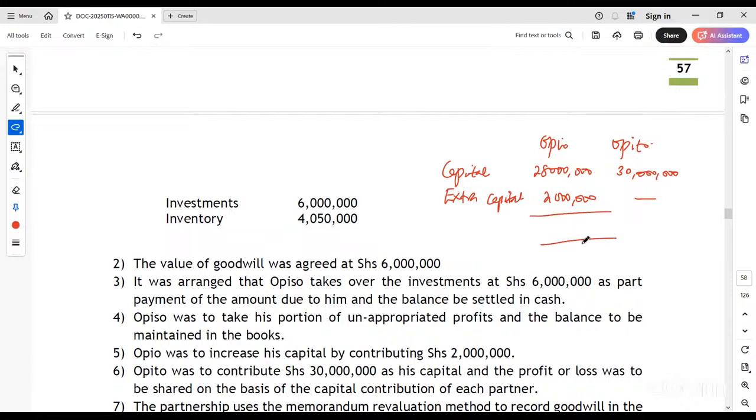Opito nothing. So here we have 30M, and here we also have 30M. The profit or losses were to be shared on the basis of the capital contribution of each partner. So the ratio is 1:1, because this is 30M and this is also 30M. So they are still sharing equally because their capital contributions are equal.